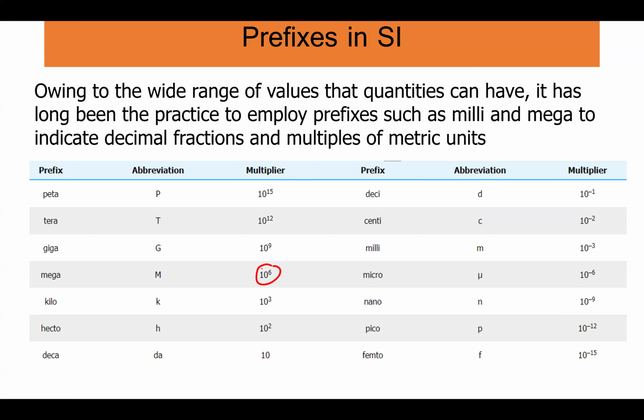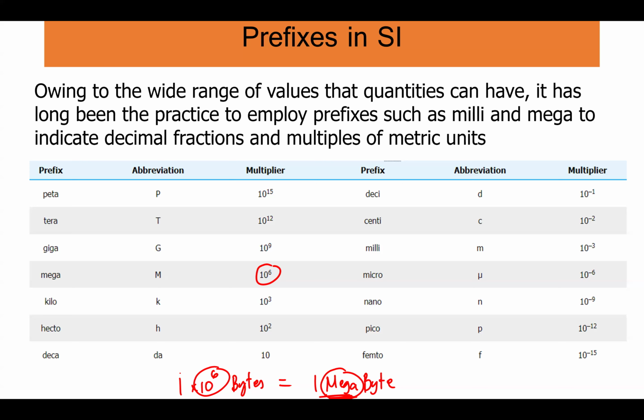So if I say megabytes, that simply means 1 times 10 to the 6 bytes is equal to 1 megabyte. So the prefix is mega because you have 10 to the 6 there.